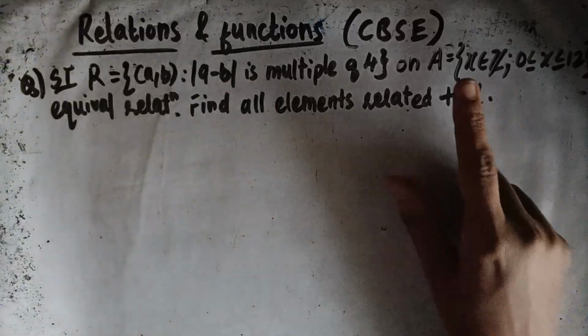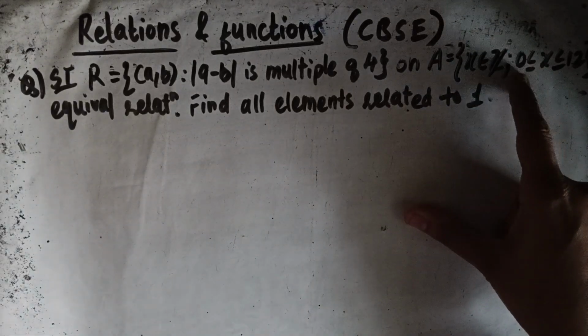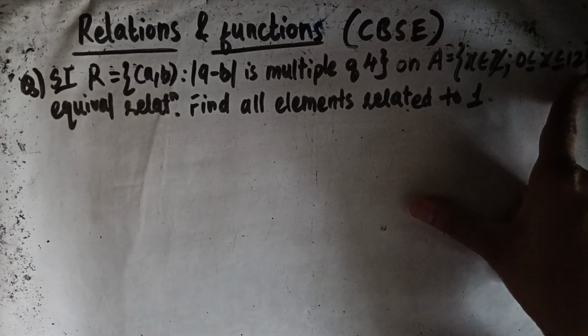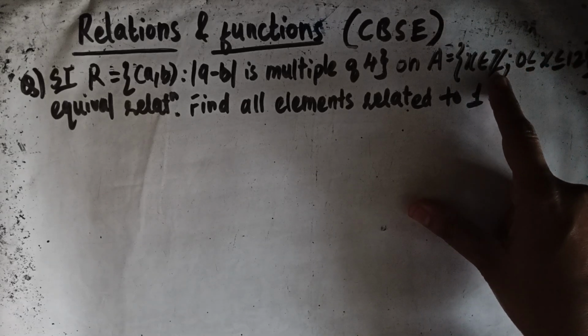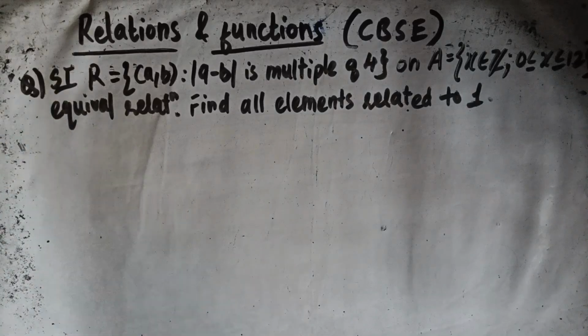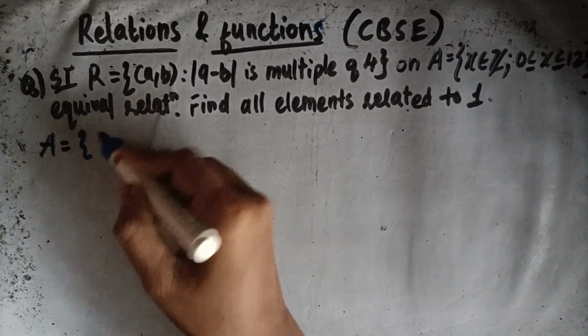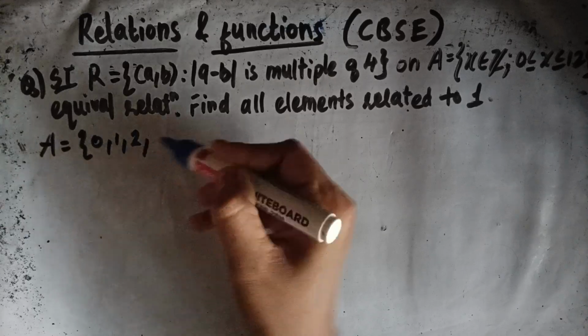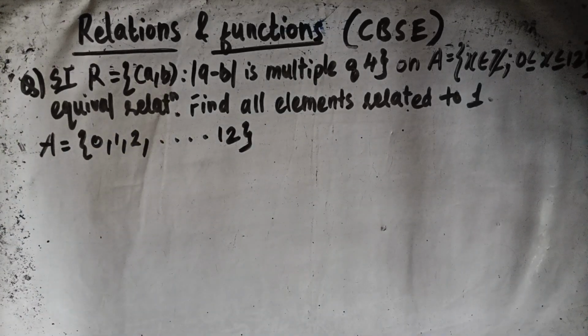It is defined on a set A, which is the set of all integers from 0 to 12, that is 0, 1, 2 till 12. We have to prove that it is an equivalence relation, and also find all the elements related to 1.